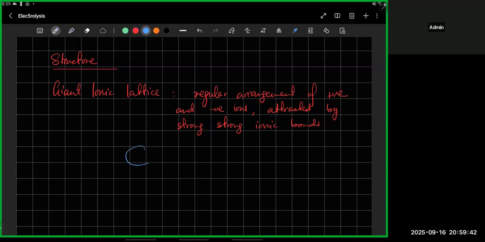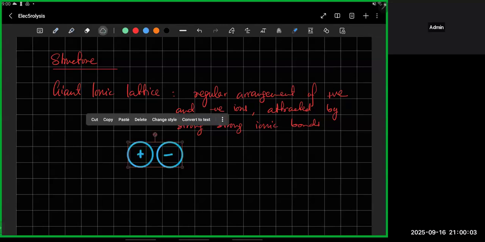What's the giant ionic lattice? For those who need it, let me explain again. We started electrolysis, and we're just recapping ionic compounds because that has something to do with electrolysis. So you'll have positive ions and negative ions, and they will strongly attract each other, but it's not going to be just one.